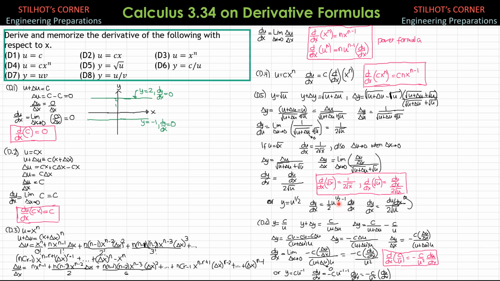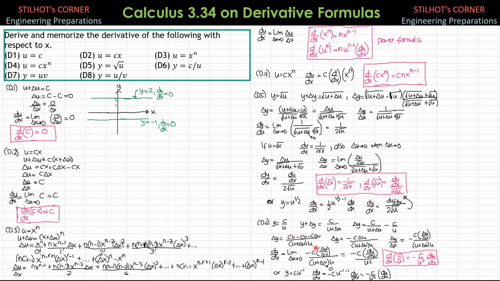Then u to the 1/2 minus 1 is u to the negative 1/2, and u to the negative 1/2 is 1 over u to the positive 1/2, and u to the positive 1/2 is square root of u. So dy dx is du dx over 2 times u to the negative 1/2, which is 1 over u to the positive 1/2, or square root of u. So that's the formula there.